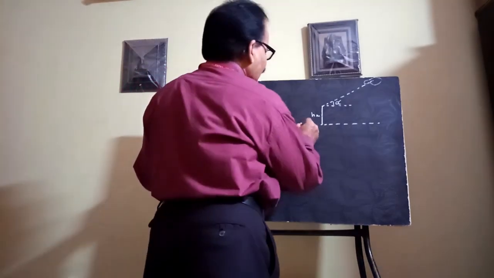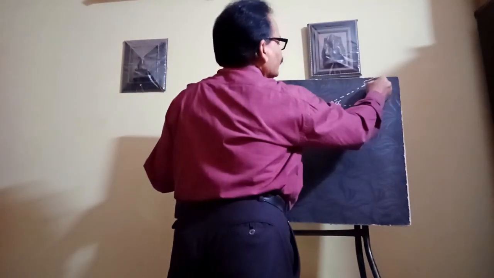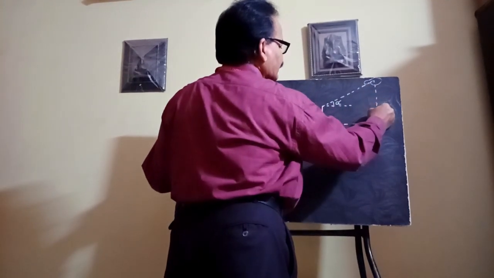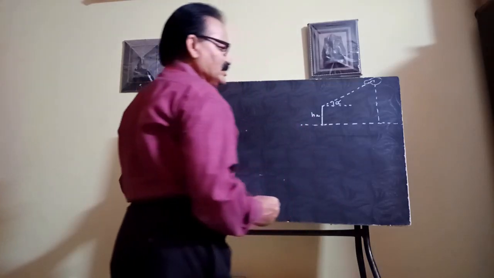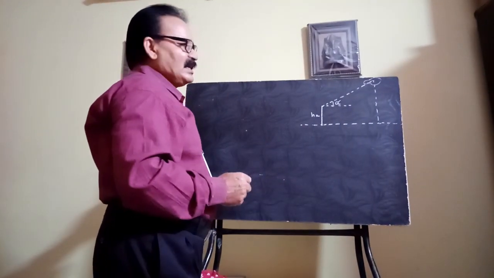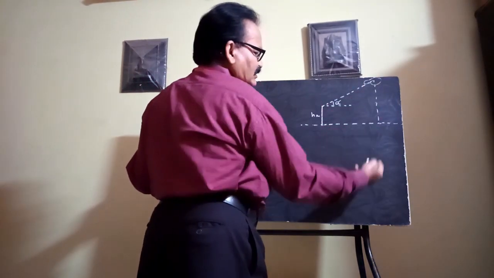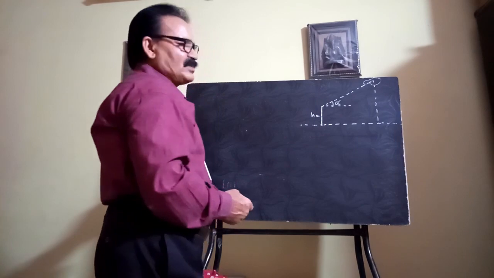Okay, and this is the lake surface, and the reflection of this cloud on the lake must obey the laws of reflection, that is, the image is as far behind the surface as the object is in front of it.